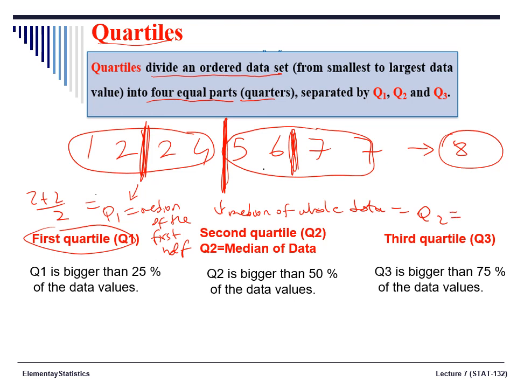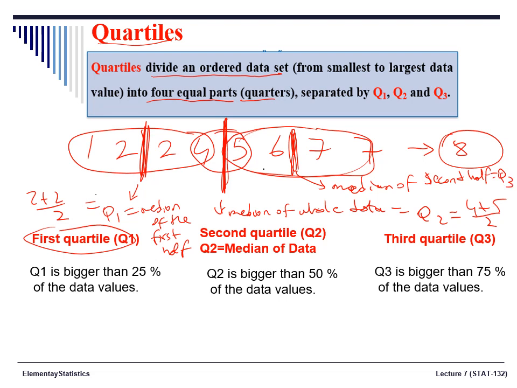You know how to find this, like 4 plus 5 divided by 2, this is 4.5. And the median of the second half we call the third quartile, Q3.